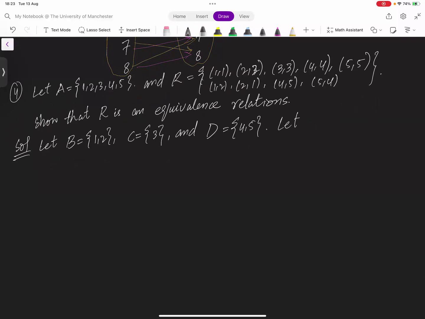We can define a partition of the sets B, C, D. We can say this P is a partition of the set A.